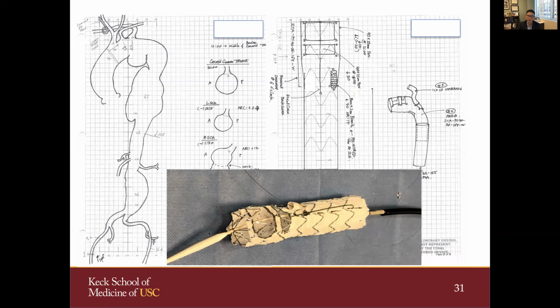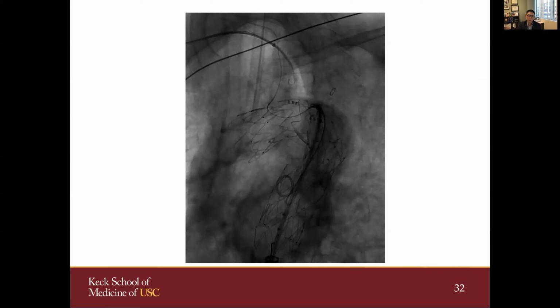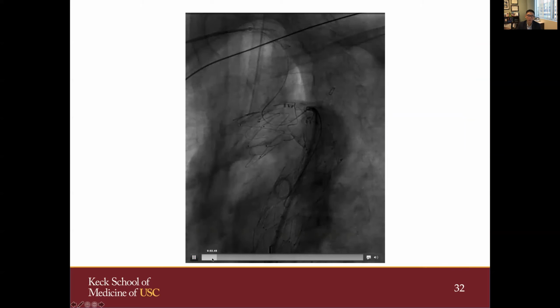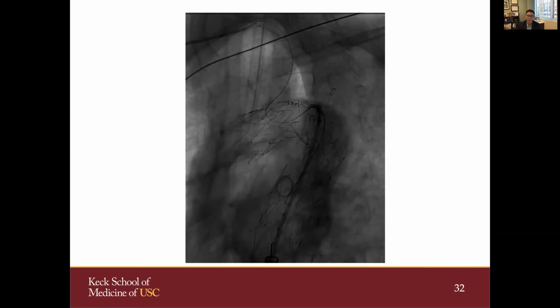Again, this is our preloaded system. And you can see here in the video that the main graft is simply deployed with longitudinal alignment. Now we're working on snaring and bringing the through-and-through access for the retrograde outer branch for the aberrant right subclavian artery.